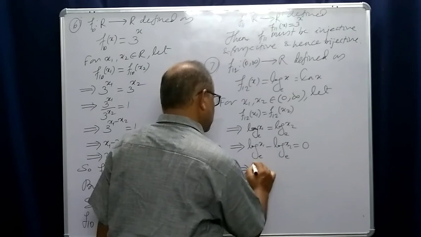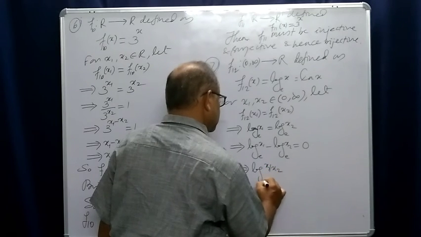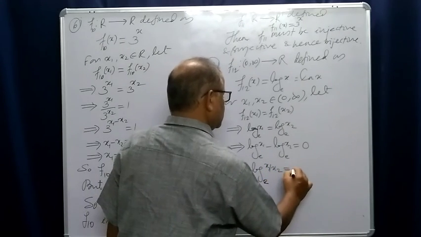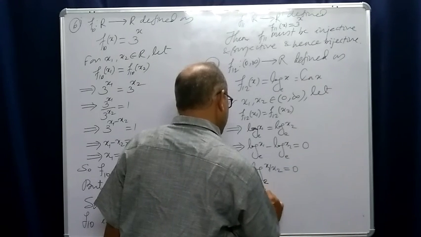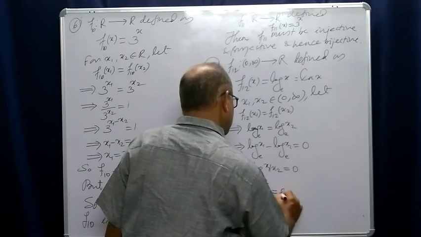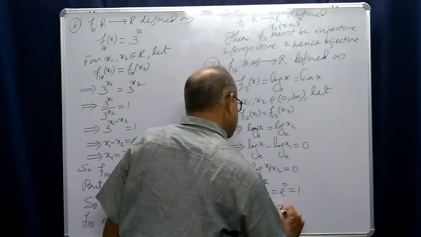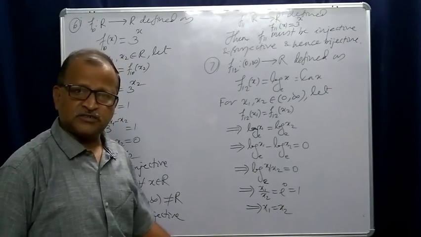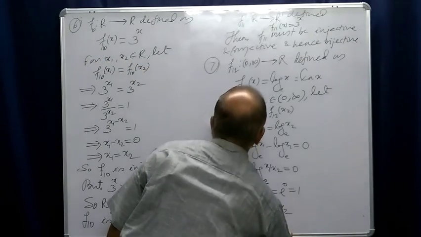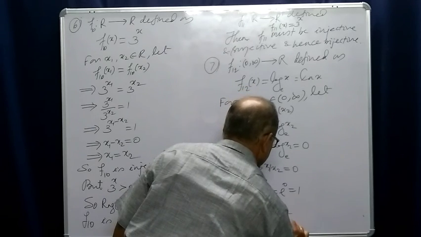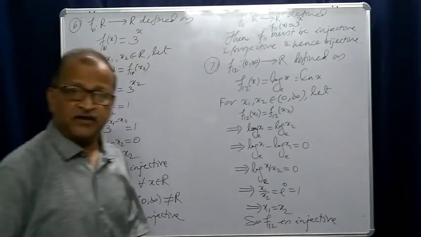This implies logarithm of x1 by x2 with base e is equal to 0. This implies x1 by x2 must be equal to e to the power 0, that is 1, and this implies x1 is equal to x2. So f12 is injective.